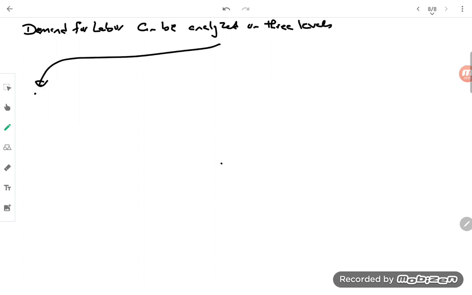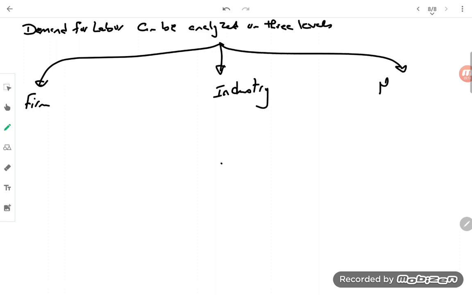The demand for labor can be analyzed on three different levels. Number one, at the firm level. Number two, at industry level. And number three, at the market level.